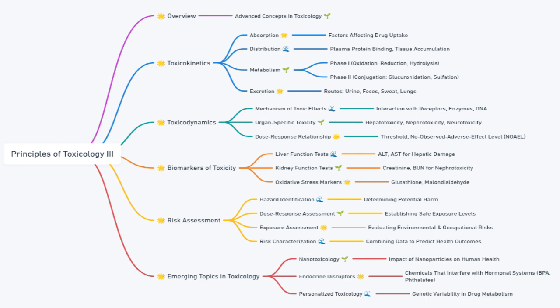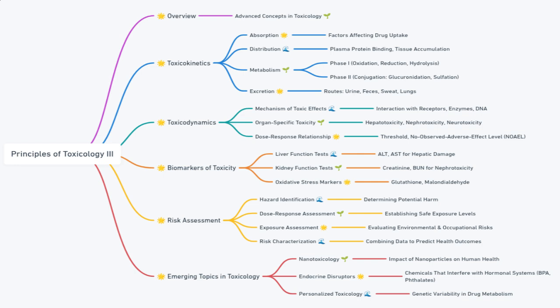The last one has to do with antagonism, which is the interference of one chemical with the action of another, and the antagonistic agent is often desirable as an antidote. So those are the major interaction types that we have.